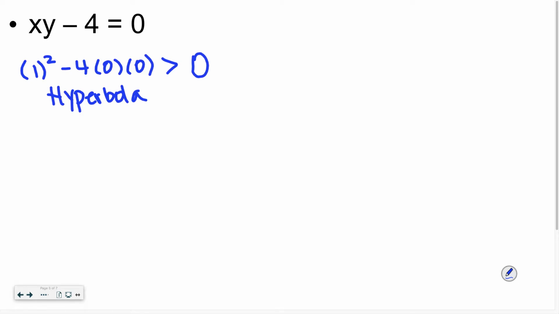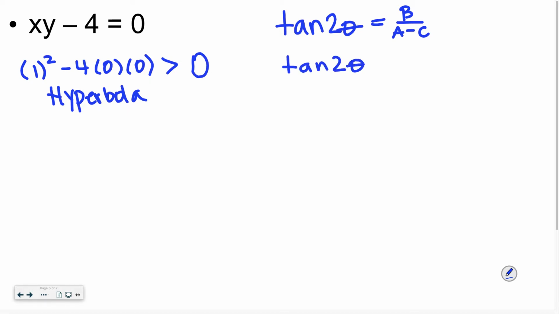The next order of business is taking our equation, the tangent of 2 theta equals b over a minus c, and figuring out what our angle is there. Well, you told me b was 1 and a and c were 0. Undefined.